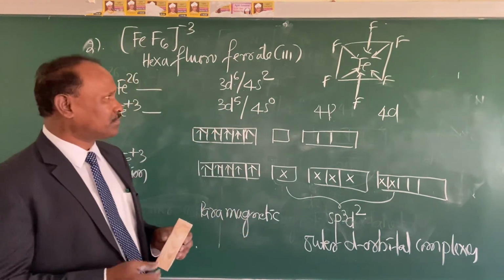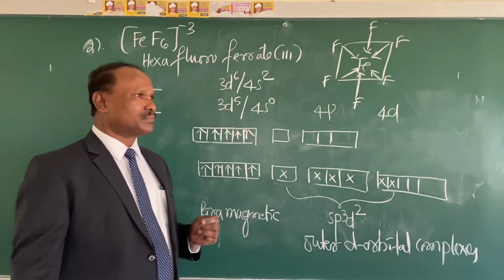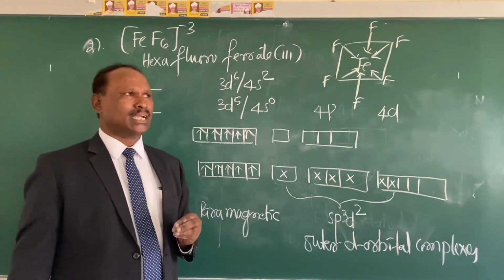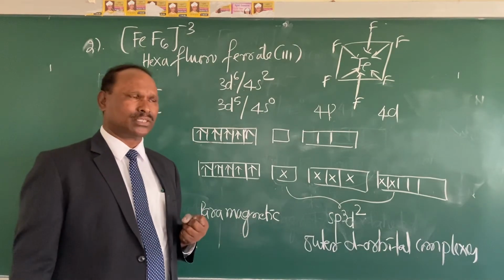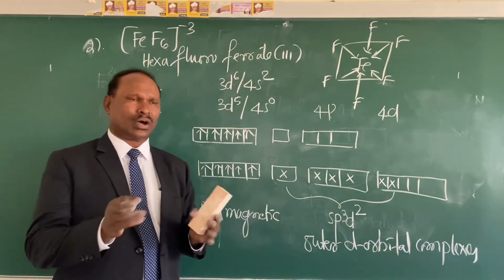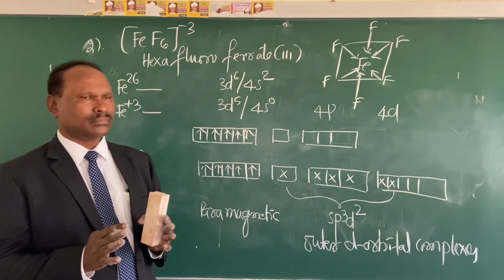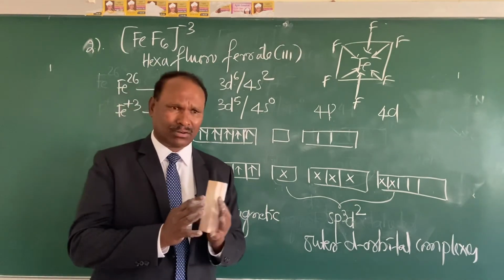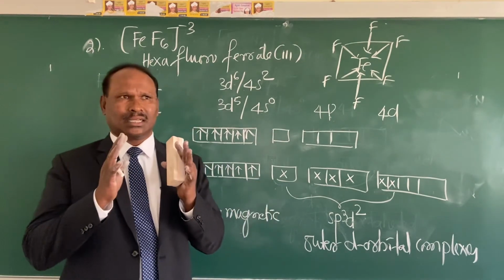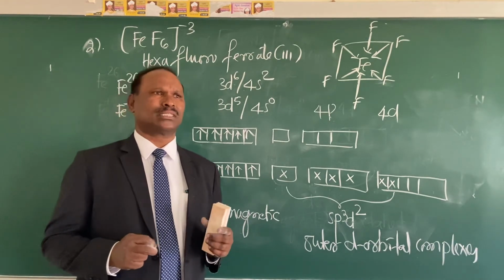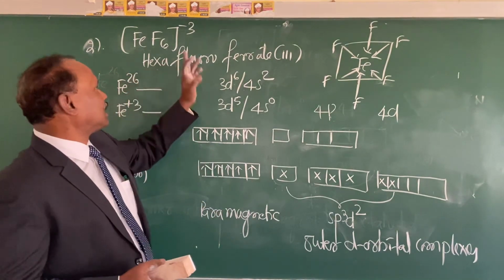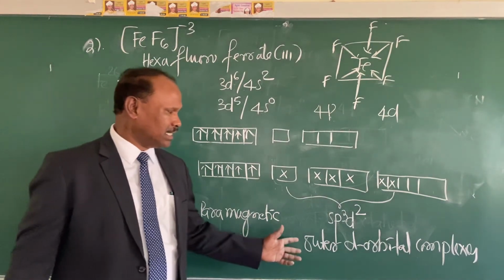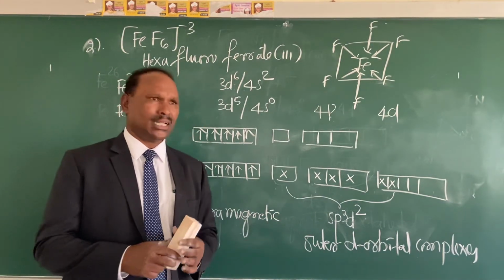So remember friends, my students, today I have explained the valency bond theory by taking a few examples. We have seen two complexes, and I said they are inner orbital complexes, and another complex, hexafluoroferrate 3, is an outer orbital complex.